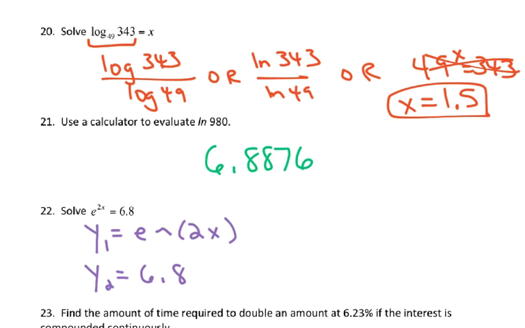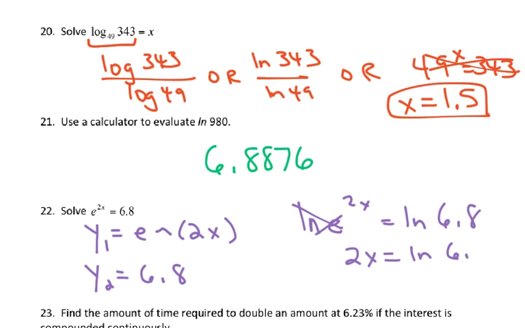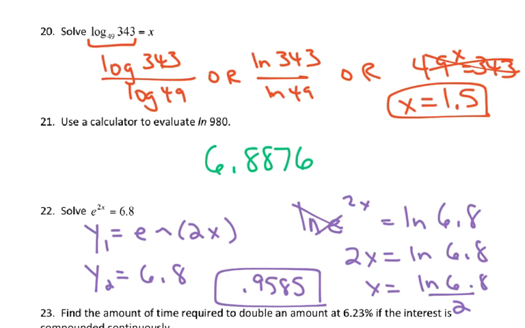If you want to do this algebraically, you get rid of e by doing its inverse operation, which is the natural logarithm. What the natural logarithm does is it cancels with e, so you're left with 2x is equal to the natural log of 6.8. So x is the natural log of 6.8 divided by 2, and you'll find out that x is approximately 0.9585, which is the same answer you'll get if you graph these two and find the point of intersection.